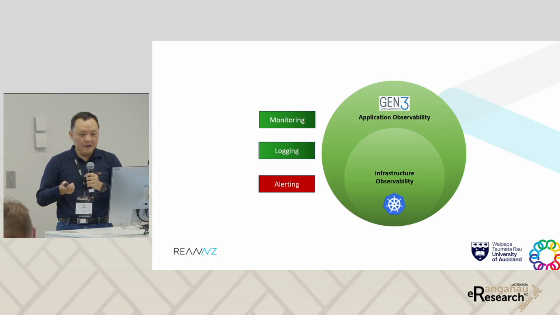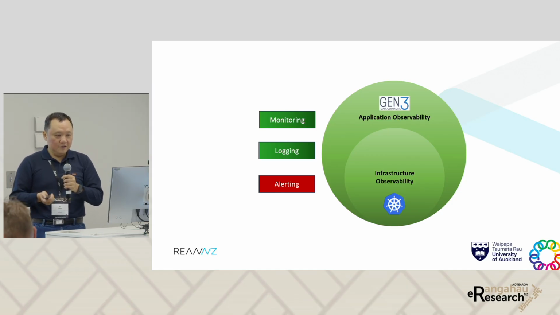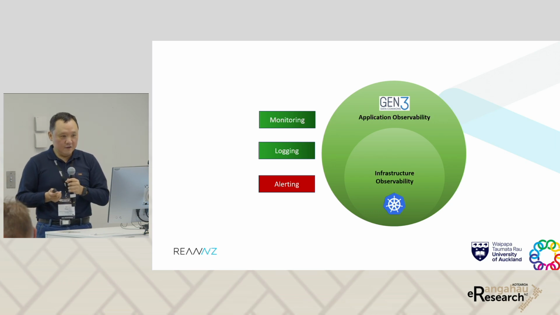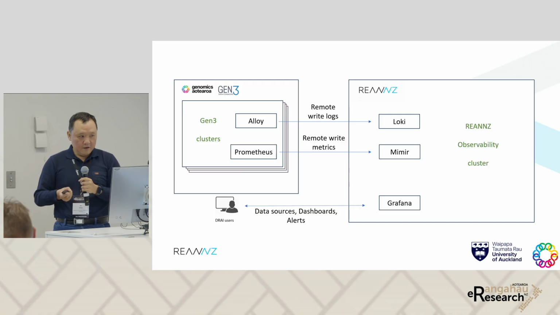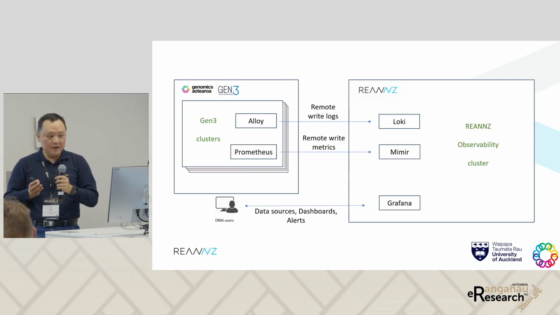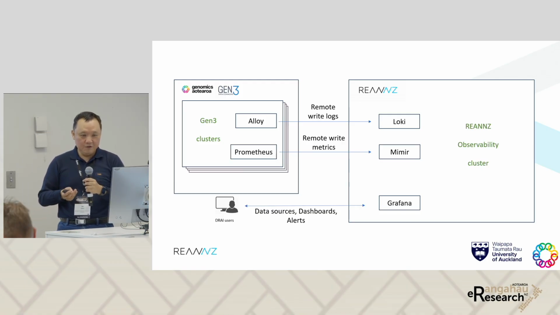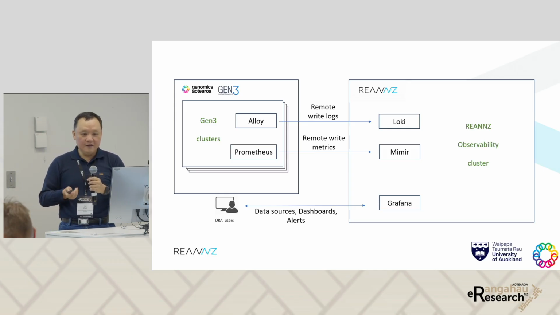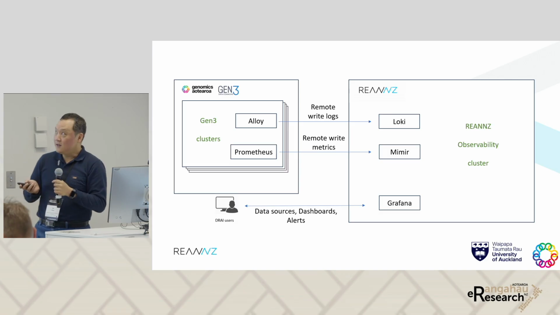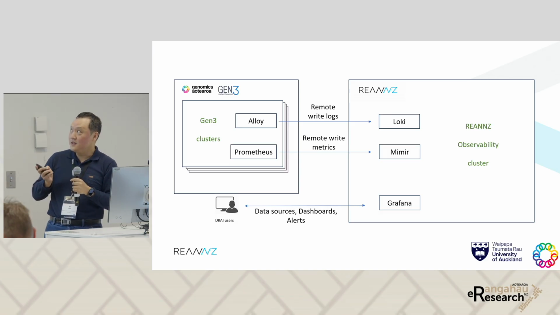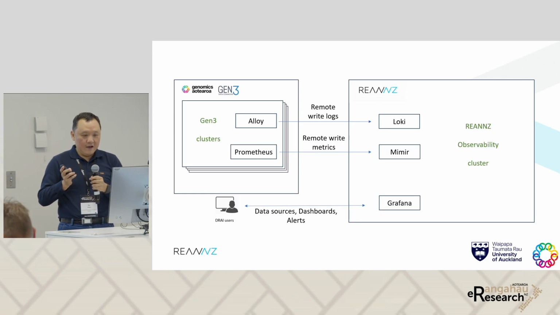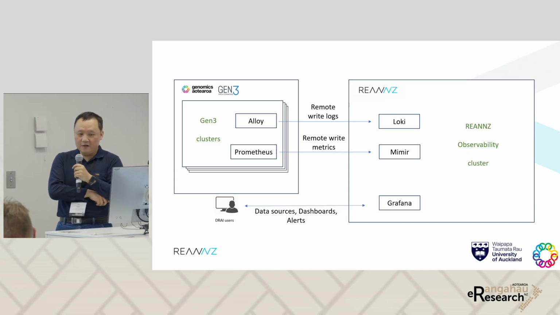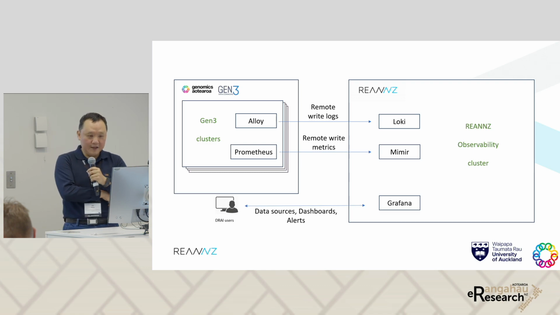The observability includes monitoring, logging, and alerting, both at the application level and the Kubernetes cluster level. We just deploy the Alloy and Prometheus components to each of our clusters to collect the logs and metrics, and then remote write to the centralized Loki and Mimir services in the REANNZ platform. The data will be long-term stored in the object store in the RDC Cloud. Currently, the retention time is 1 year.